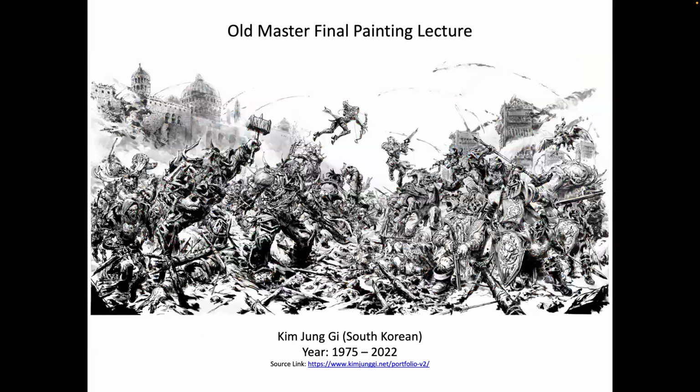Kim Jong-ji is an artist from South Korea. He unfortunately passed away in 2022 from, I believe, a brain aneurysm. With this tragedy, we've lost a very good, fascinating illustrator, comic book artist, and surrealist painter, all working from memory.